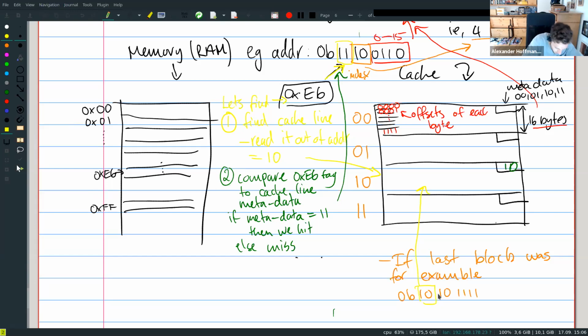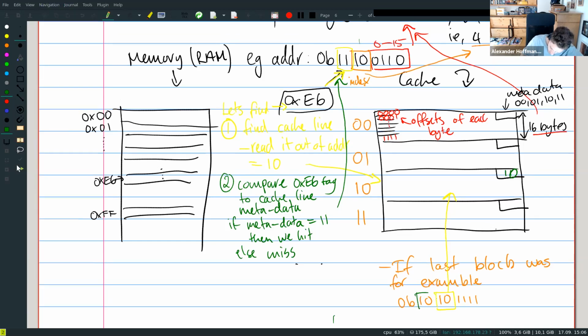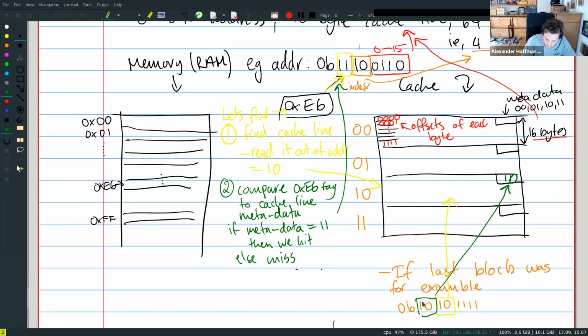Oh, sorry, that's the wrong way, that's the tag. It also goes into the same cache line, but you would end up with this guy going into the tag. And so when we then look for E6, we would be looking for this 1-1 tag, and we would compare it to the current metadata tag and see that it's a different tag, and therefore it's not the same block. We currently have this 1010 block in memory.